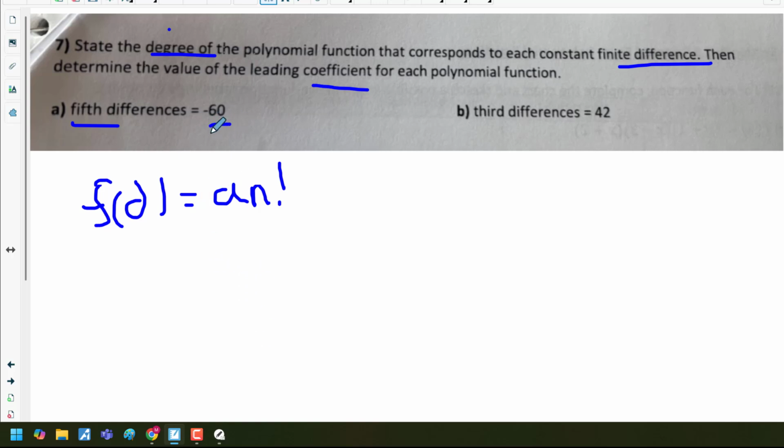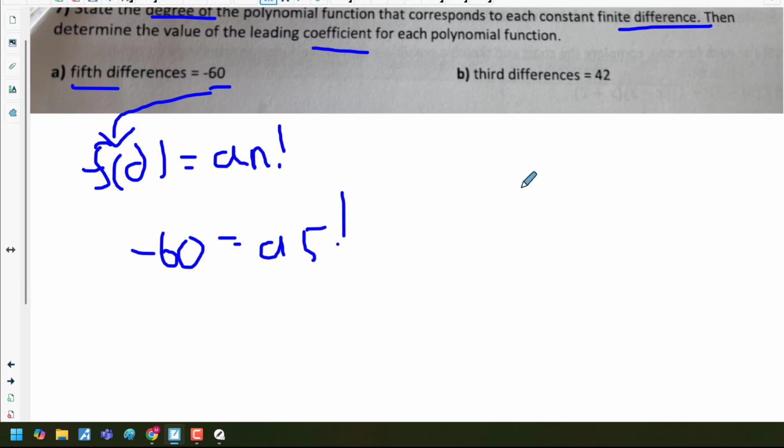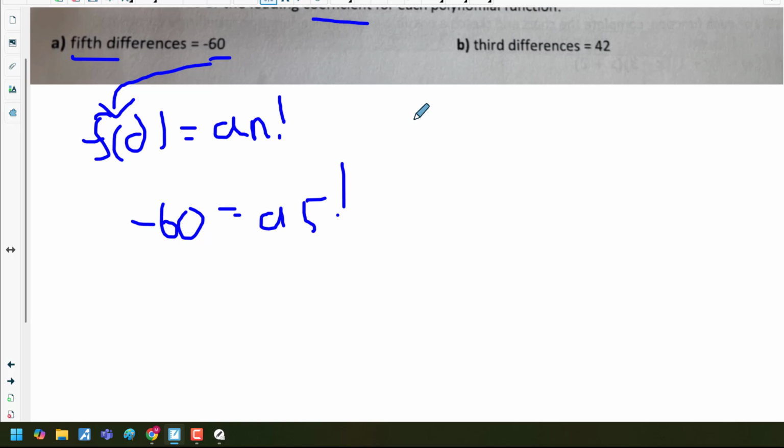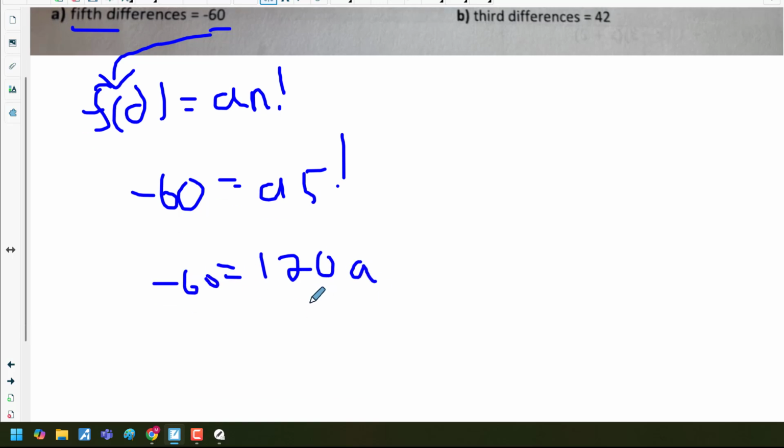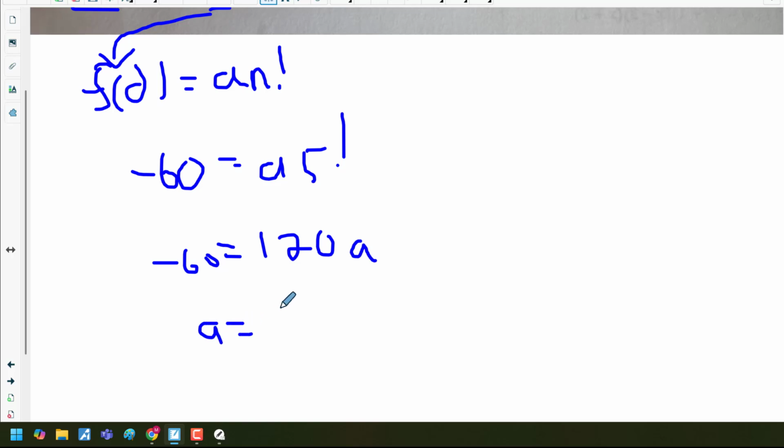And negative 60 is this value FD. So negative 60 is equal to a times 5 factorial, which is 5 times 4 times 3 times 2 times 1. Which 5 times 4 is 20, 20 times 3 is 60, 60 times 2 is 120. So this is going to be 120a is equal to negative 60. a is negative a half.